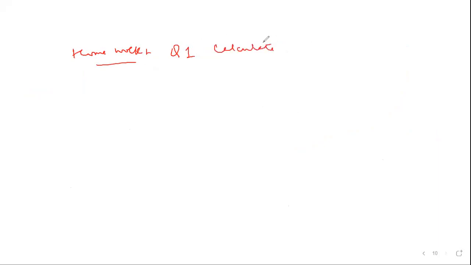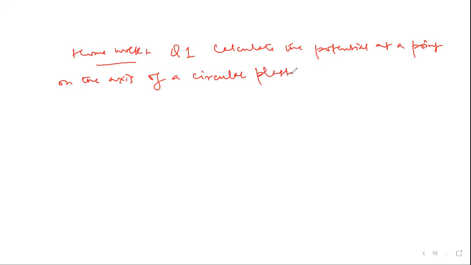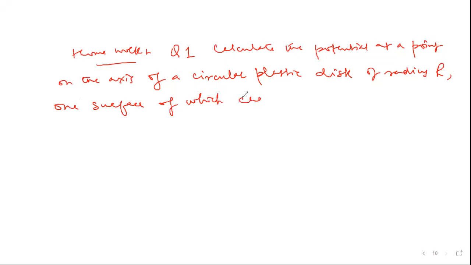Calculate the potential at a point on the axis of a circular plastic disc of radius capital R, one surface of which carries a uniform charge density sigma.